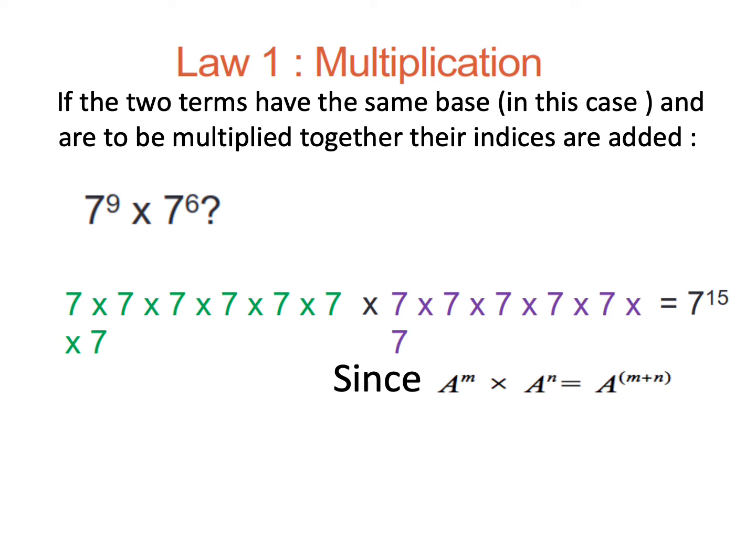This is as per the first law of indices, the multiplication law of indices, which says a to the power of m multiplied by a to the power of n gives you a to the power of m plus n. Here m is 9 and n represents 6, so m plus n, that is 9 plus 6, gives us 15.